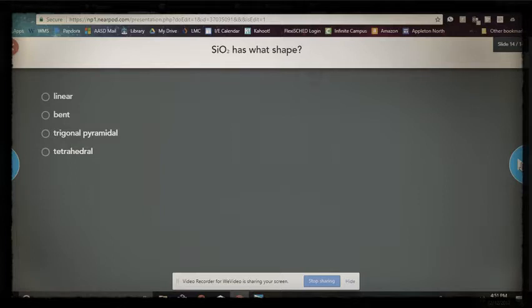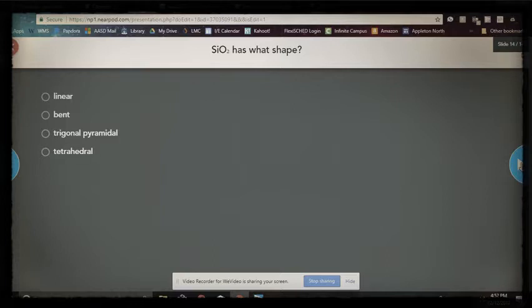Then SiO2 has what shape? So you'd want to either build this with the molecule set or draw out the Lewis structure. And once you do that, you will determine that there are no lone pairs on the Si. So the Si goes in the center. There are no lone pairs on that Si, and therefore it would be bent.